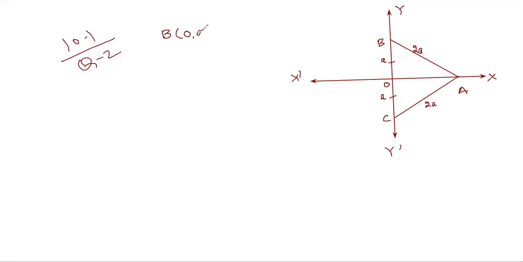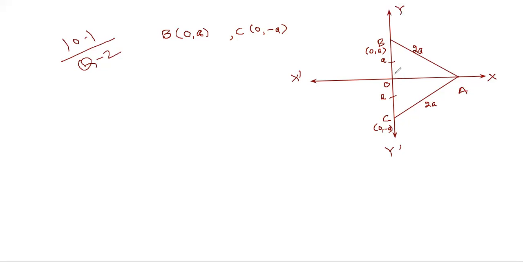So vertex B is (0, a). Similarly, vertex C will be (0, minus a), because on the y-axis the x coordinate is 0.